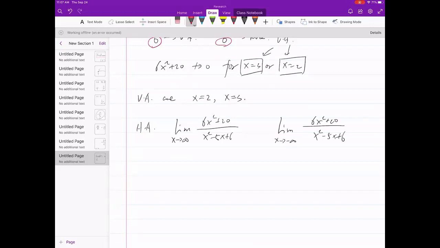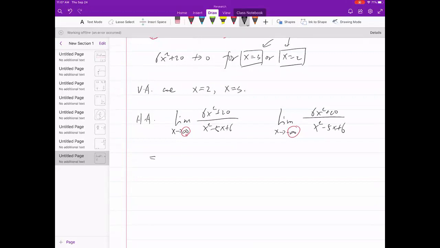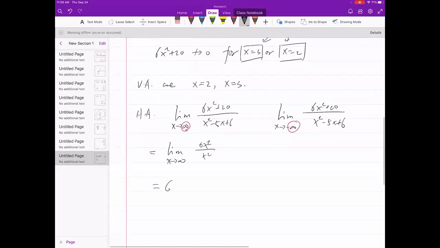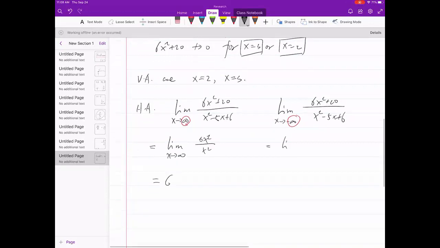One for the left, one for the right. We do this by leading terms. We have 6. We have 6.